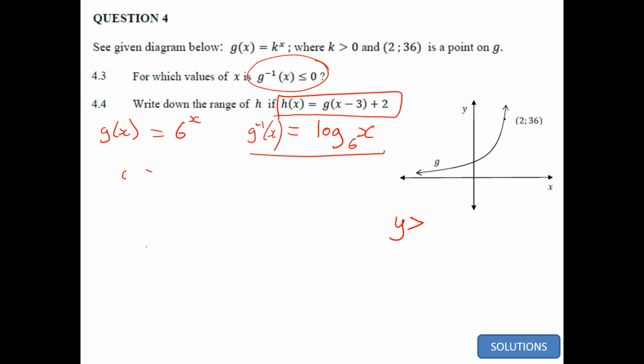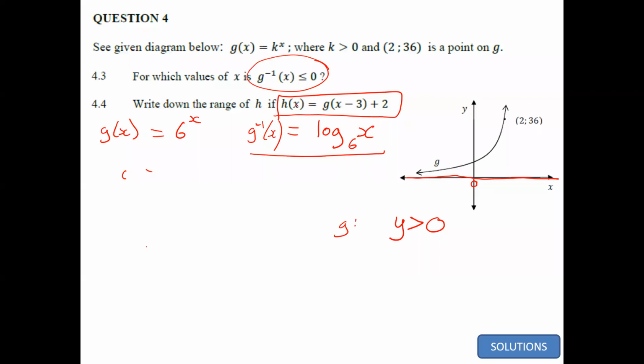Nobody wants to try? Okay, it's actually y is greater than 0. Somebody said y greater than 1. It's actually y is greater than 0 because this is the asymptote. So that's our range of the G graph.